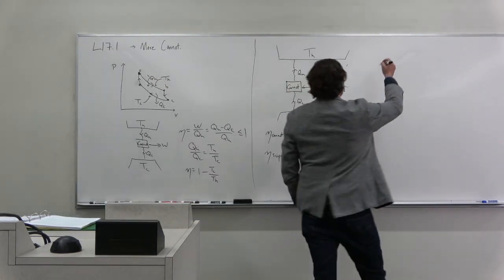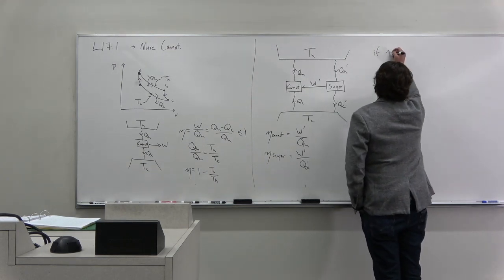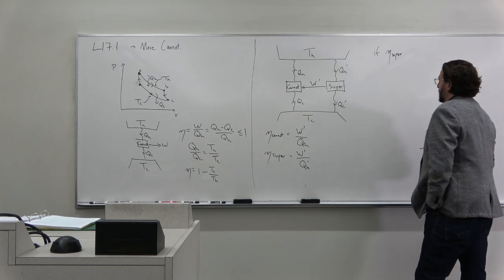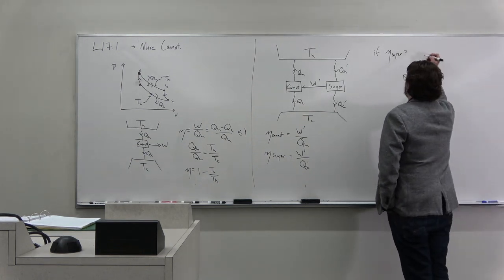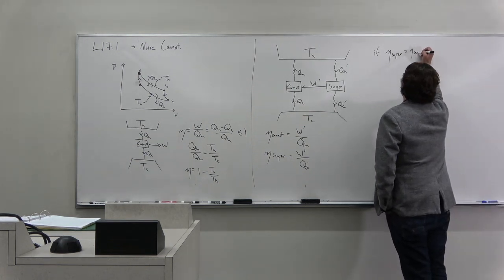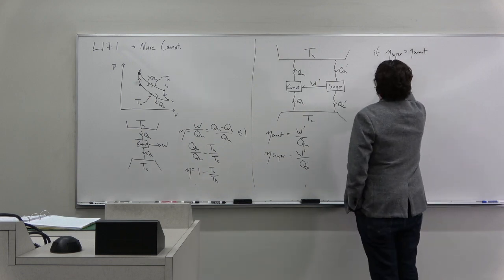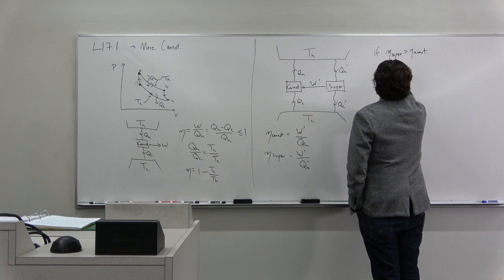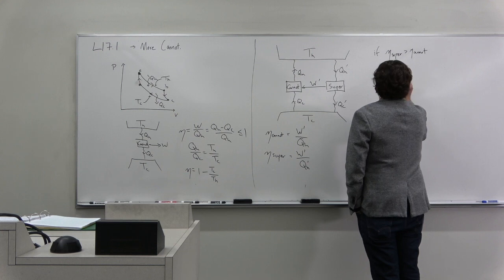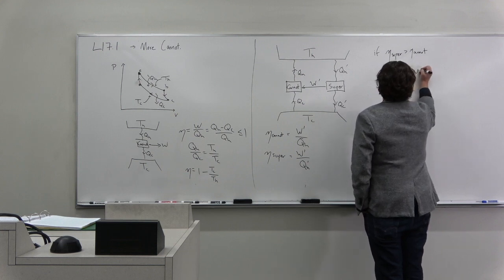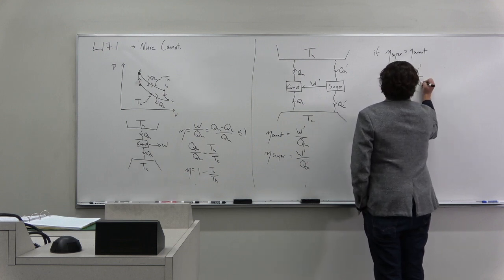So if we could build an engine which was more efficient, we had a super efficiency that was greater than the Carnot efficiency, that would mean that our W prime over QH prime would be greater than our W prime over QH.